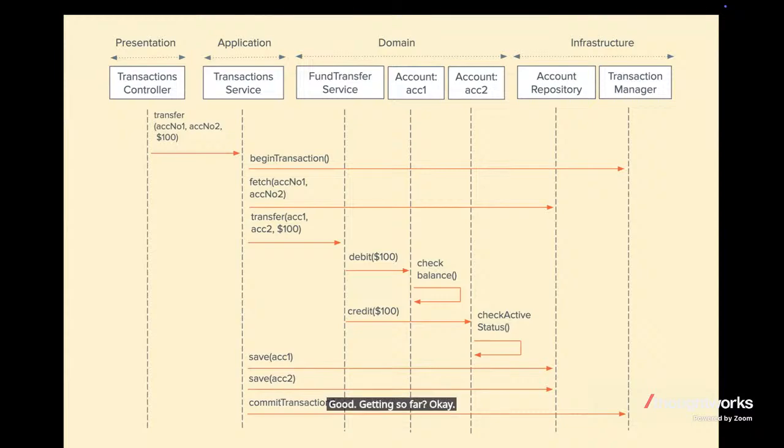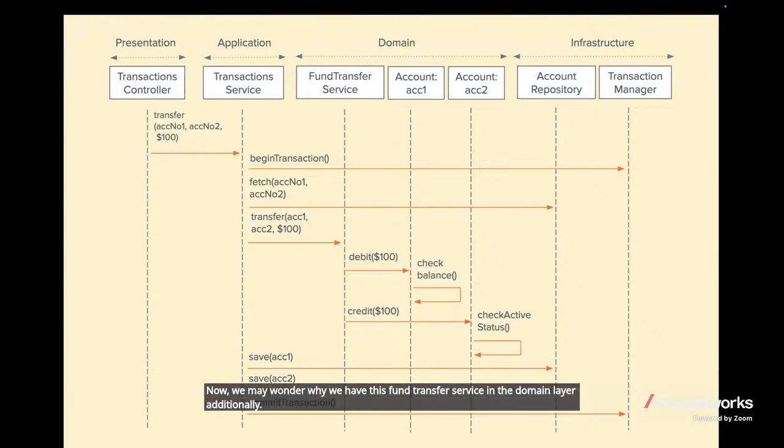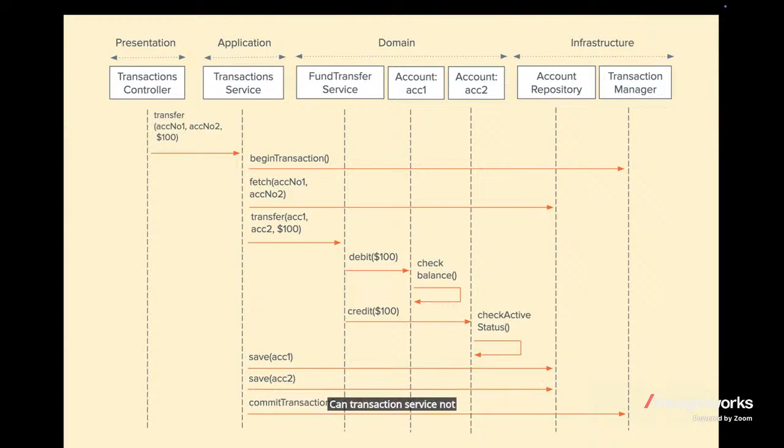Now we may wonder why have this fund transfer service in the domain layer additionally, right? Can the transaction service not directly issue the debit instruction to account 1 and account 2? Fair question. Why create an additional abstraction?